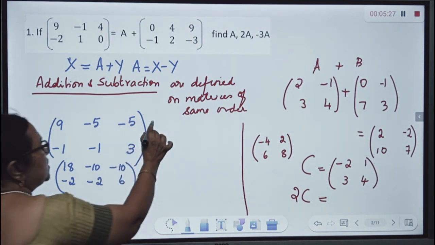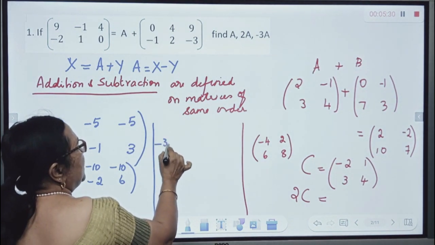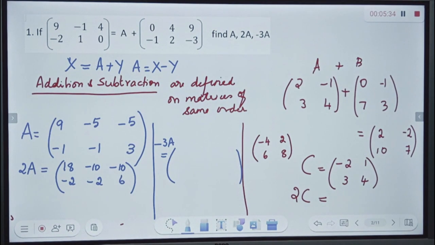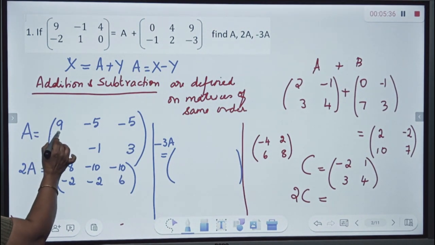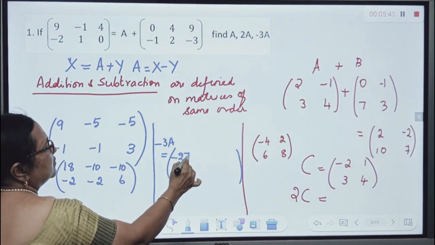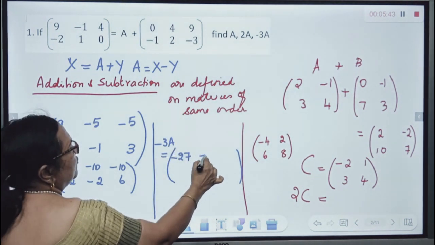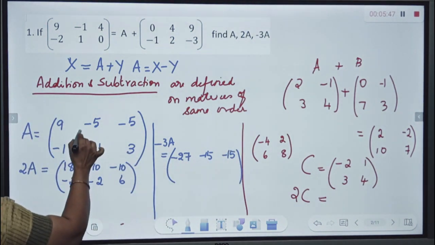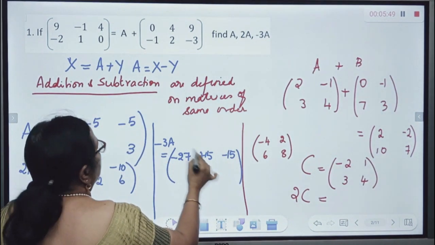What will be minus 3A? Minus 3A would mean multiplying every term of A by minus 3. So minus 27, minus 3 into minus 5, plus 15.